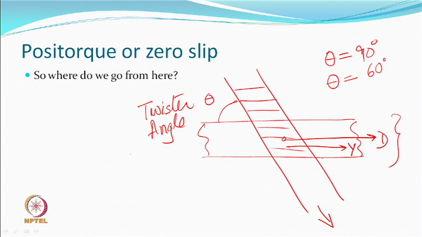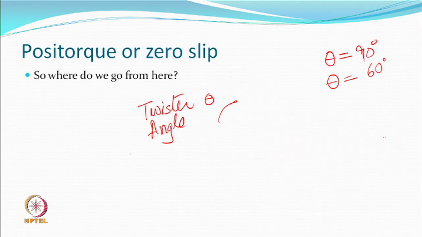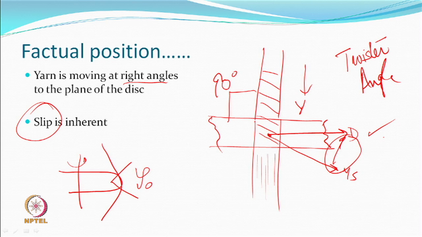So, the yarn speed may not be equal to d, because when you start the machine it was 0, then it keeps on picking up. But what you have done is you have taken care of this part.